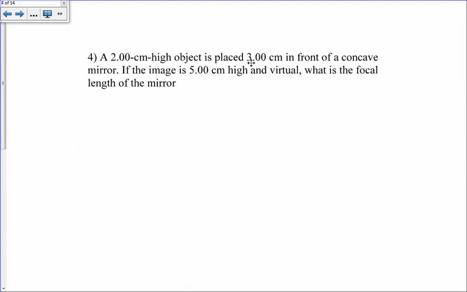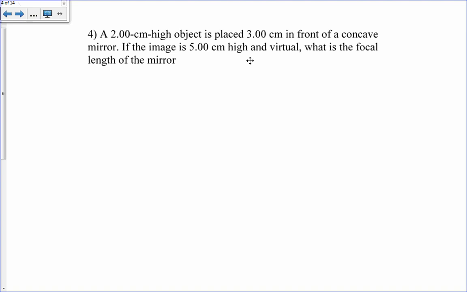A 2 centimeter high object is placed 3 centimeters in front of a concave mirror. All right, so the height of the object is 2 centimeters. P, the object distance, is 3 centimeters. If the image is 5 centimeters high and virtual, so the height of the image is 5 centimeters.